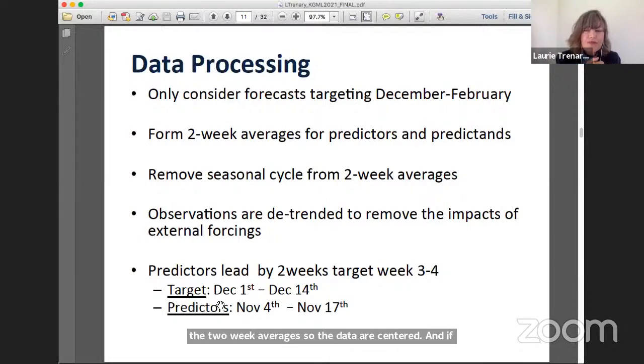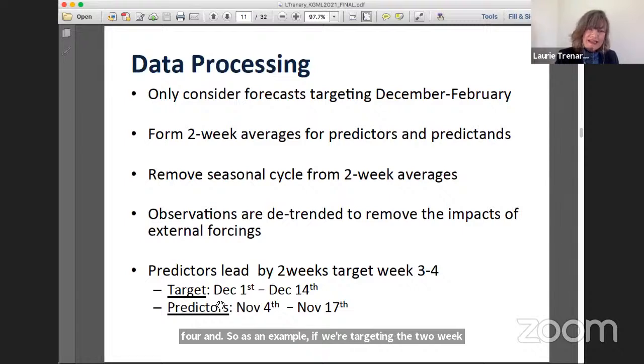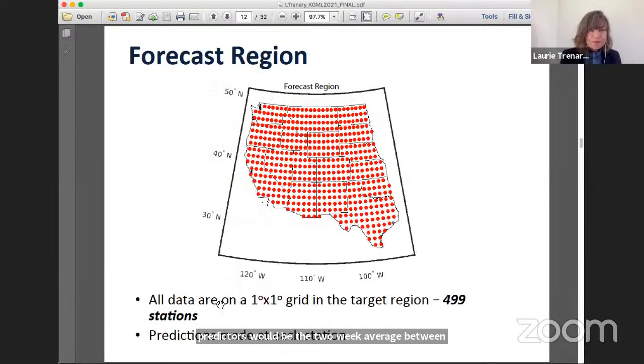And for observations, we detrend the data to remove the impacts of external forcing like greenhouse gases. And as I mentioned earlier, we're targeting weeks 3, 4. And so as an example, if we're targeting the 2-week average between December 1st and the 14th, our predictors would be the 2-week average between November 4th and the 17th, excuse me.